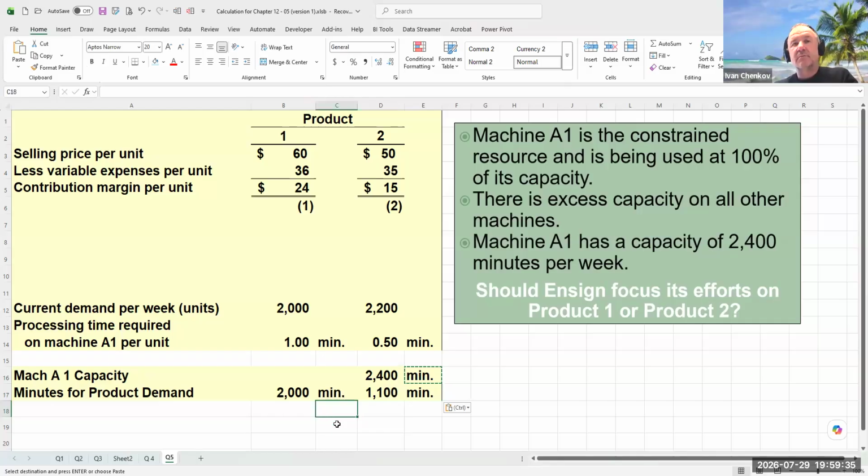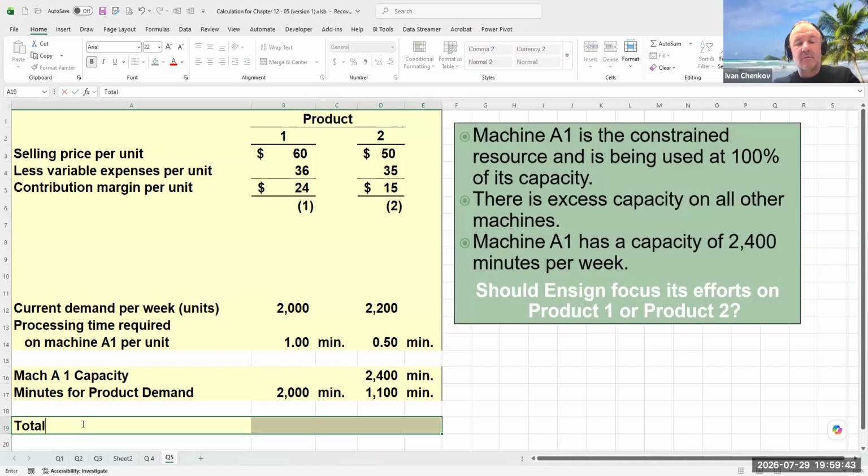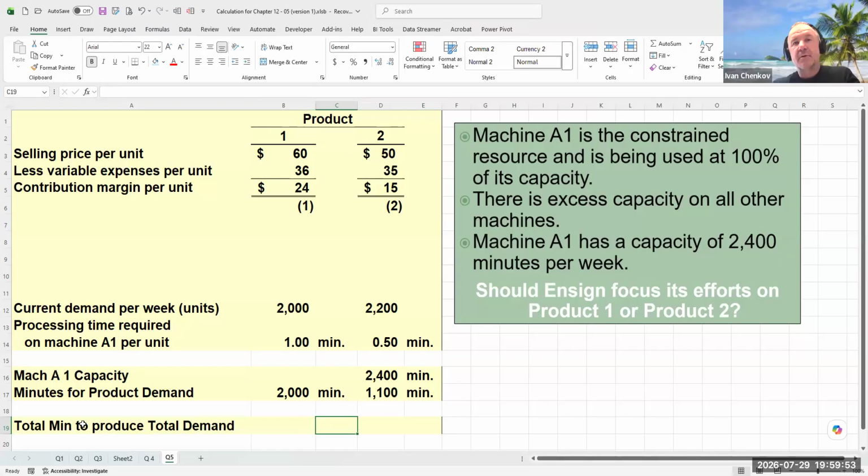So in total, minutes to produce the total demand is going to be 2,000 plus 1,100, 3,100 minutes. We are short by 700 minutes the way I see it. We don't have 3,100, so we have to make a choice.